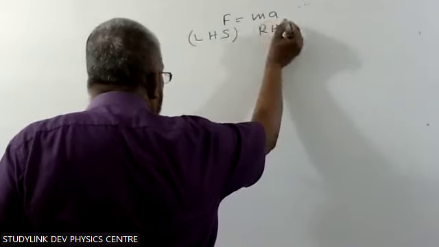Left hand side and right hand side story. F is equal to MA. This is the left hand side, LHS. This is the right hand side, RHS.